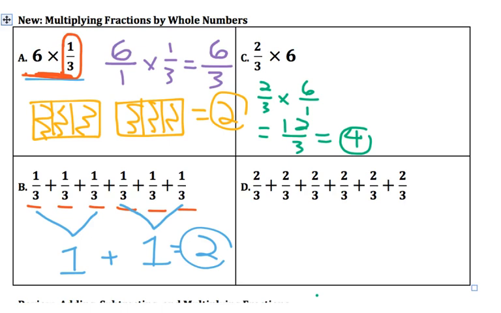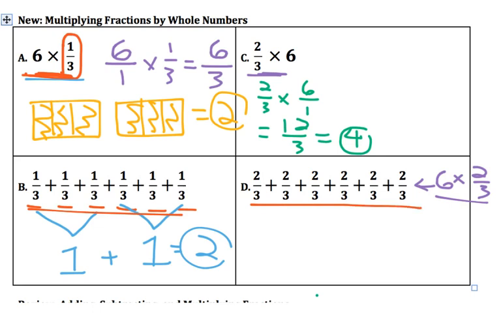But again, if we take this and just think about it as 6 times 2/3, kind of use the commutative property and switch it, this is the same as this. 2/3 and 2/3 and 2/3 repeated 6 times. And we can kind of do what we did over here on this side too, which is kind of fun to do, because 2 and 2 and 2 would make 6/3.